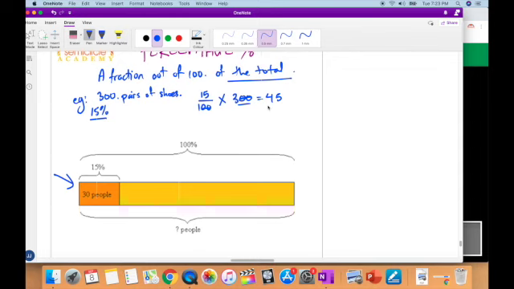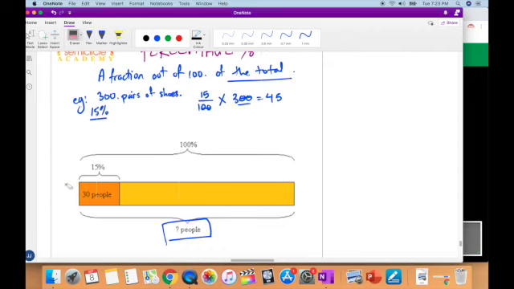Caitlin. Take away the 15% that was used to represent 30 people from the 100. From what 100? The entire thing of people. But we don't know how many people it is. Right? Yeah. So what you're trying to say is take away 30 from 100?